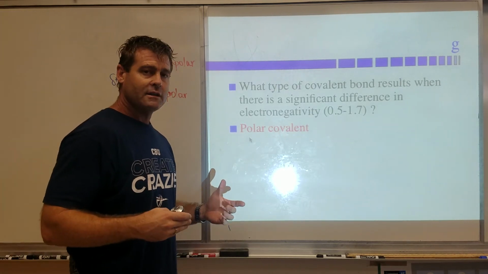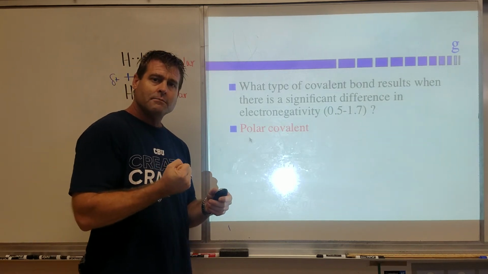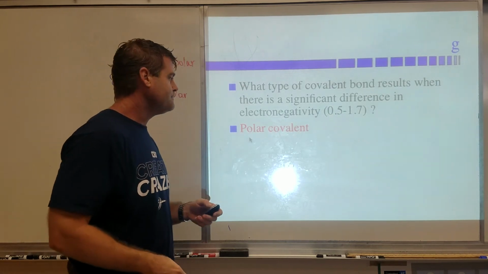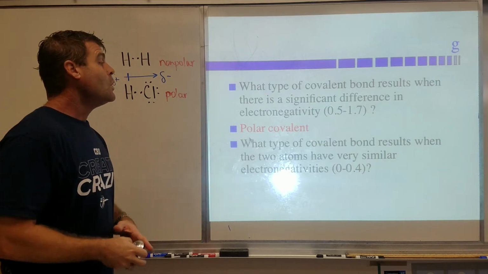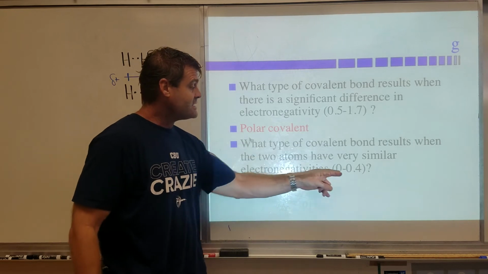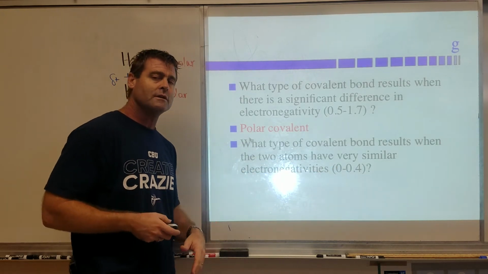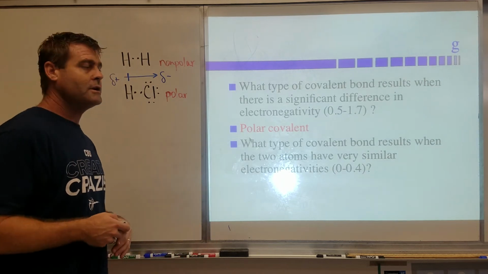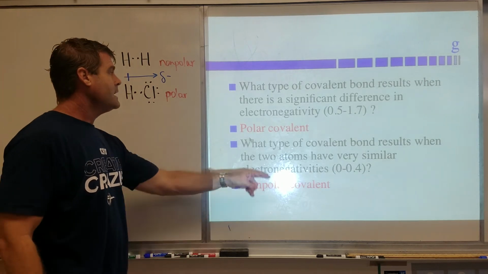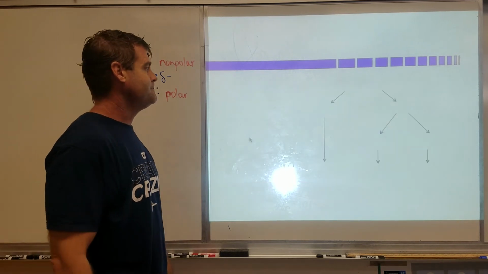Because if there's a large enough electronegativity difference, won't one of them be pulling on the electron more strongly than the other? And therefore you're going to have positive and negative ends. What type of covalent bond results when two atoms have very similar electronegativities, such that the difference is just a very small value? Hopefully you guessed it. A nonpolar, because in that case, the electrons would be shared relatively evenly.